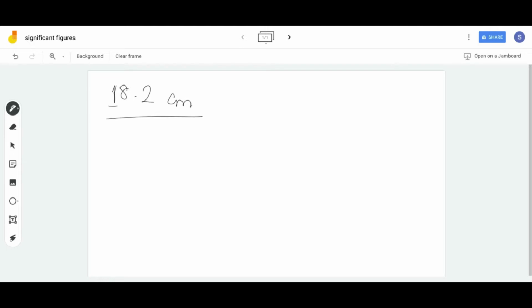So if this were, for example, 180.2 centimeters, then this zero that I've written here is part of the significant figures because it's adding value to the actual number, right? I'm going to denote significant figures as SF.